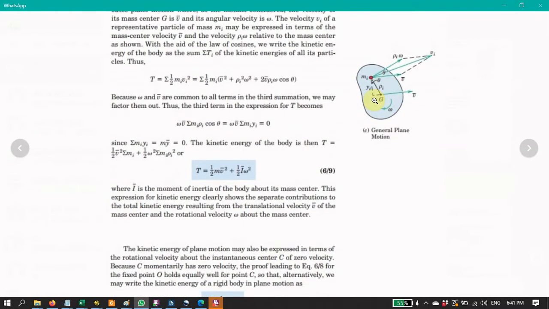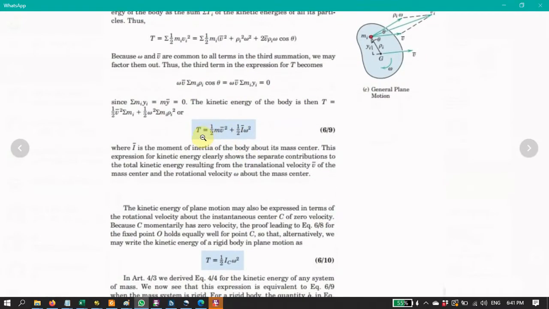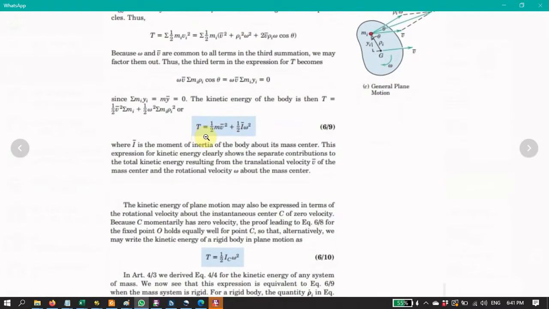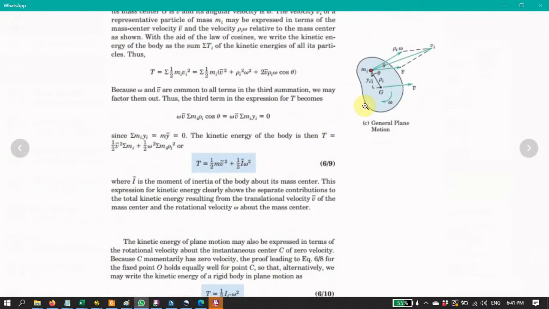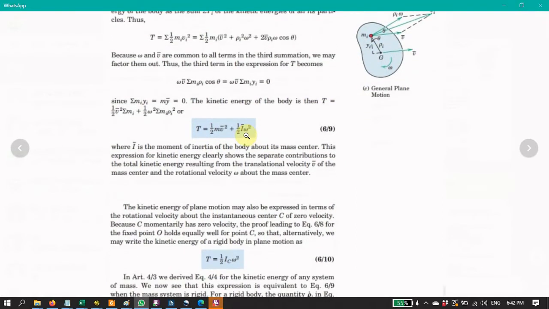Then we can define the kinetic energy of the whole body as equal to the kinetic energy for the whole mass, half m v squared, plus half the moment of inertia about the mass center, right? Moment of inertia of the body about the mass center.